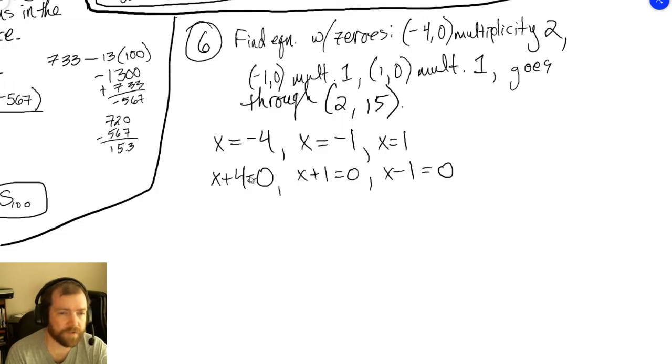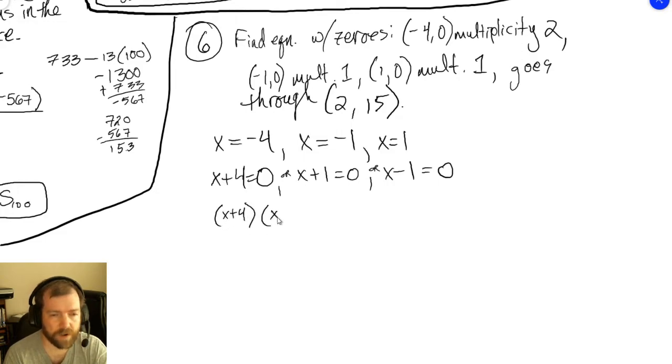It is a hard fact that you can multiply together anything that is equal to 0 and it still becomes 0. So realistically this is an OR statement between them, but the fact that it is an OR statement allows us to say, okay, again, if any one of them is 0, then the whole product is going to be 0. So x plus 4, x plus 1, x minus 1.